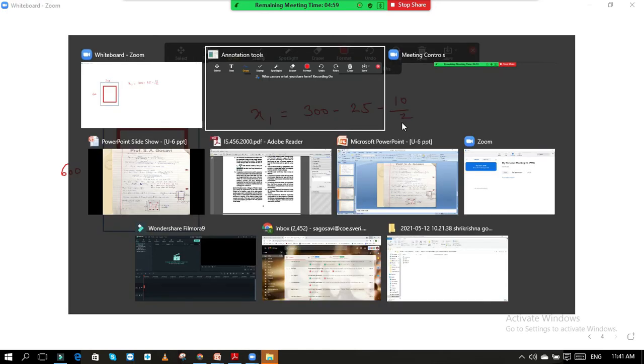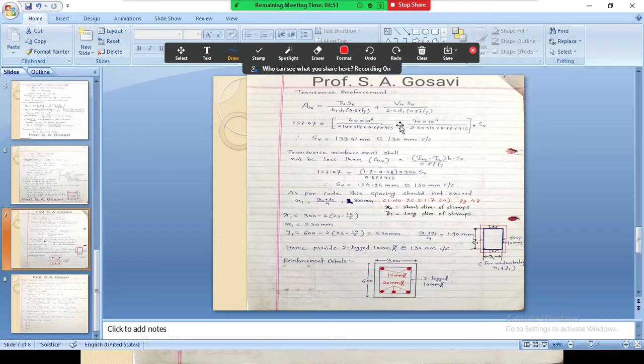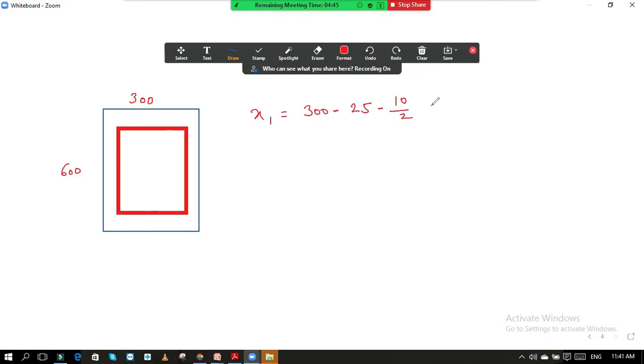हे एका साइडनी झालं, असं काय होणार आहे ते दोन्ही साइडनी येणार. ओके, so in this way it will come from both the sides. So again it is minus 25 and minus 10 by 2. So simply you can write x1 is equal to 300 minus 2 into 25 plus 10 by 2.